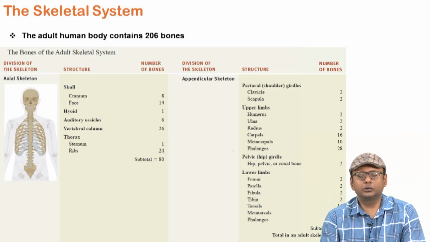And then if we go to the appendicular section, we have around 126 bones. So axial has 80 and the appendicular has around 126 bones.